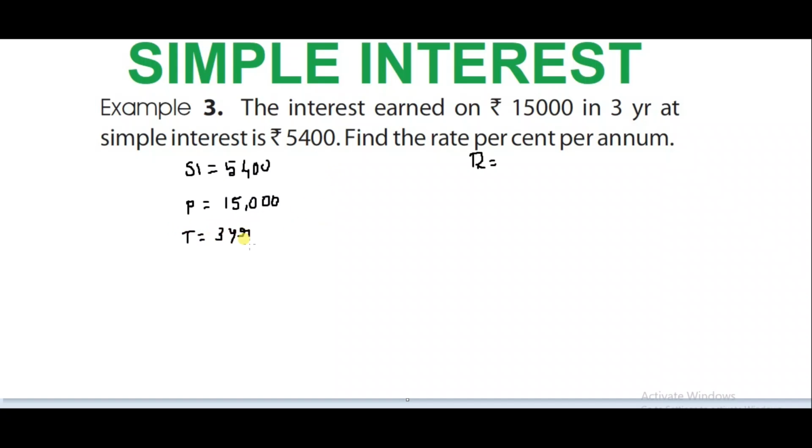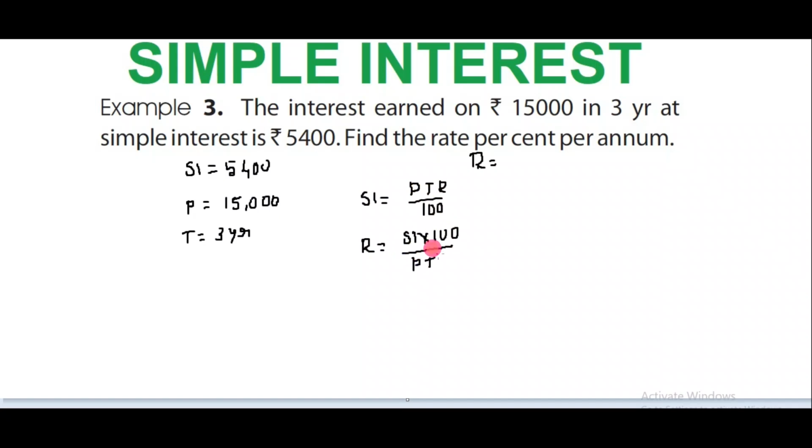Find the rate percent. So first write formula. Simple interest formula equal to SI equal to PTR by 100. We need to find out R value. So send all these remaining terms to left hand side. R equal to 100 will become multiply. SI into 100 divide by PT.